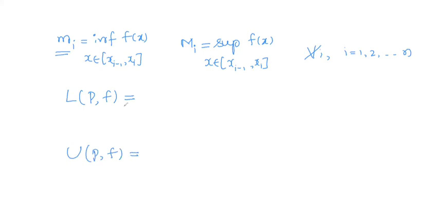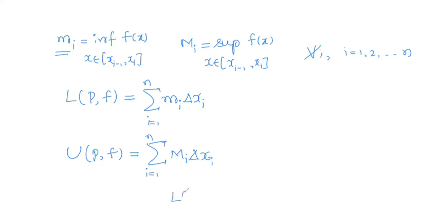The lower Riemann sum, LPF, is defined to be the summation of mi into delta xi, i running from 1 to n, and the upper Riemann sum is defined to be the summation of capital Mi into delta xi, i running from 1 to n.